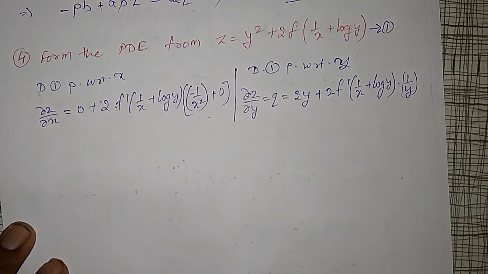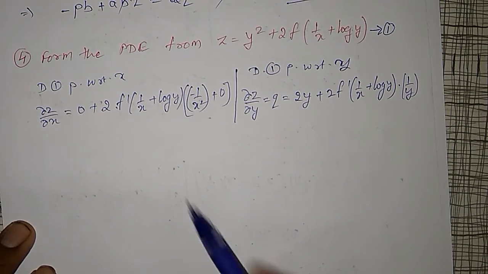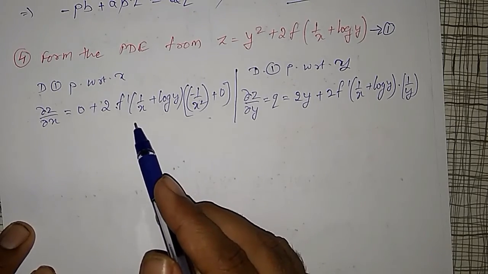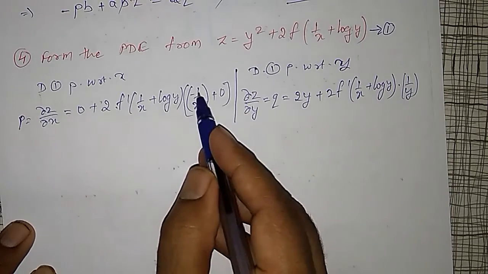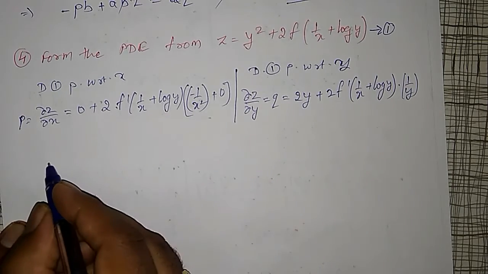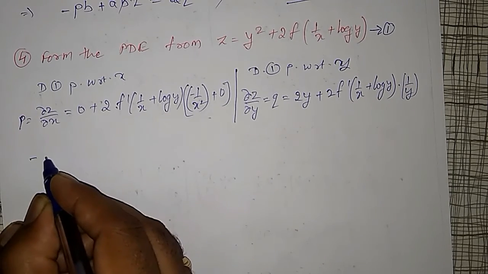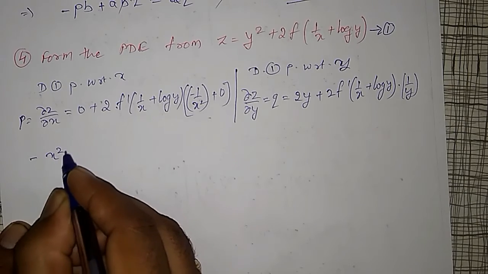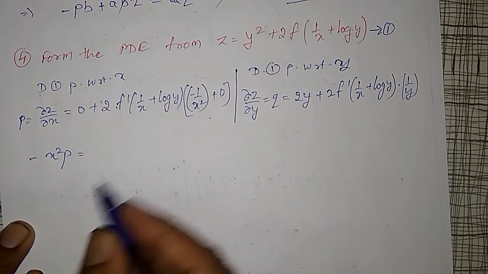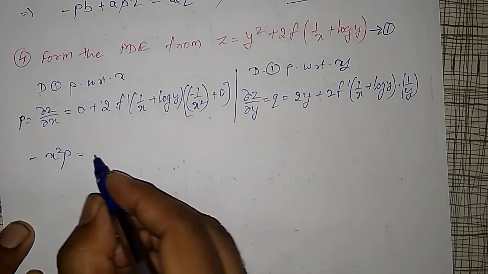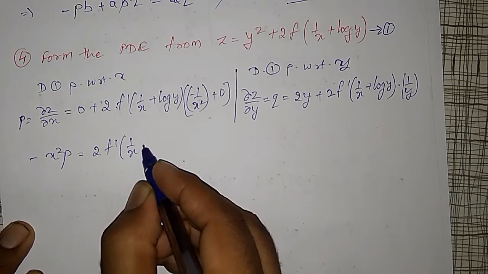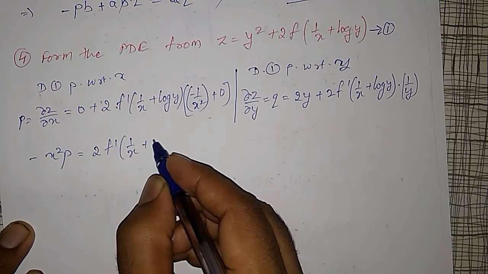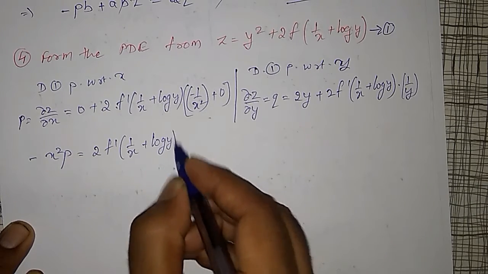From these two equations I have to eliminate f dash, its derivative. Therefore I will call dou z by dou x again p. There I will shift this minus 1 by x square to the other side. This becomes minus x square p is equal to 2 times f dash of 1 by x plus log of y.